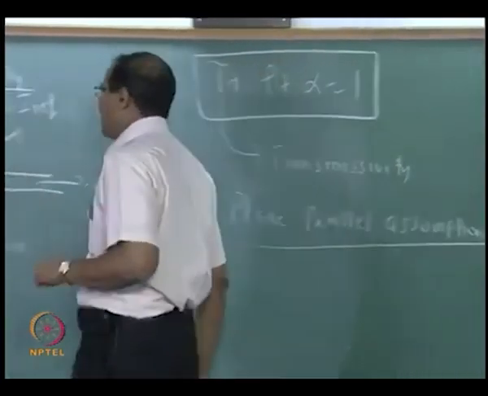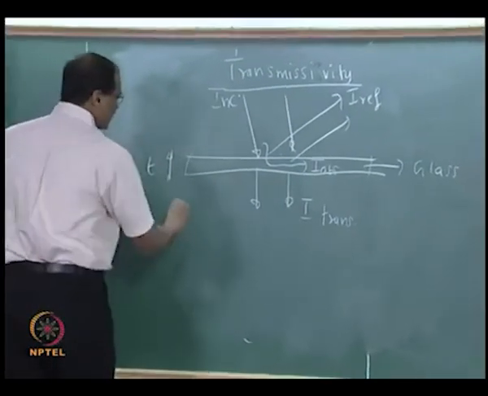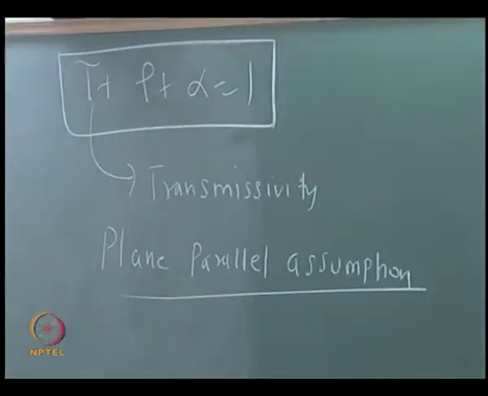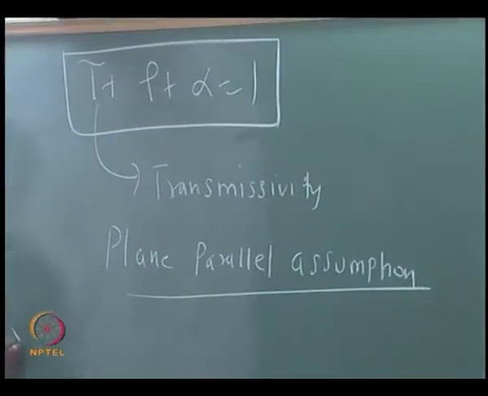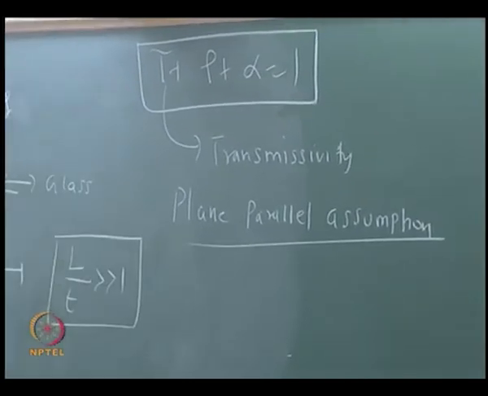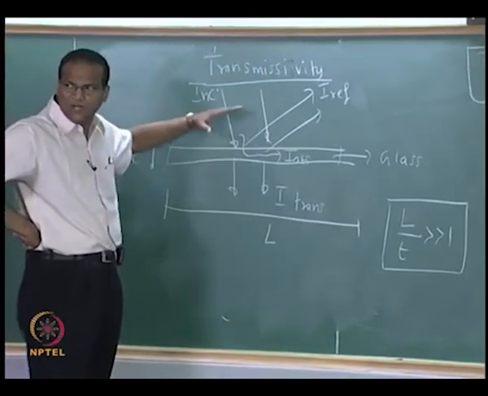What is this plane parallel assumption? If this is the thickness and this is the L, for example, L by thickness is much greater than 1. So properties vary across this height only.